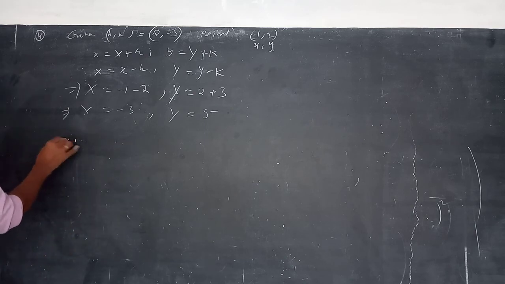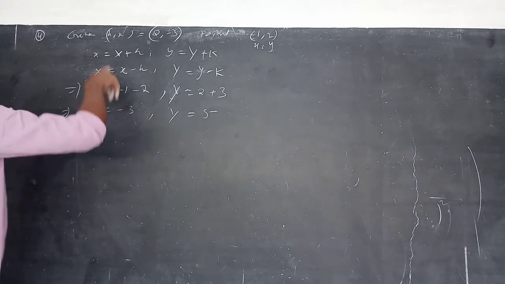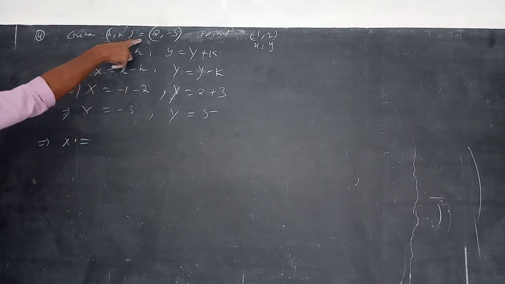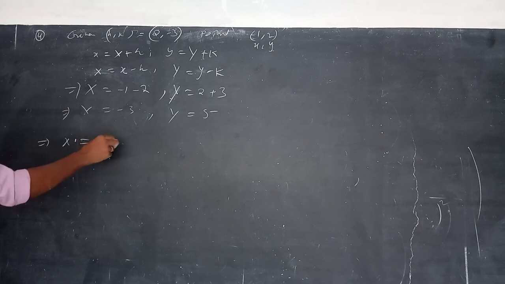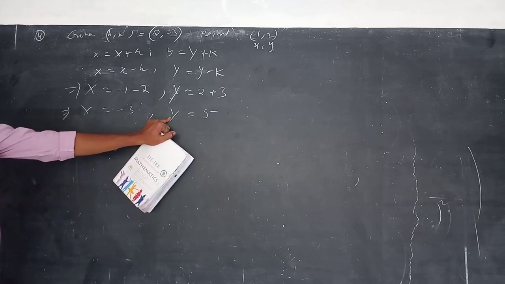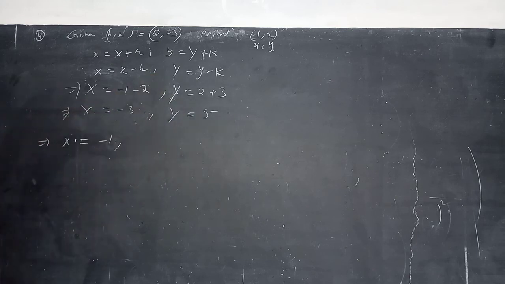Now small x equal to capital X plus h. Substitute the values of capital X and capital Y now. Capital X plus h, capital X is equal to minus 3, h equal to 2, so minus 1, and capital Y is equal to 3 and k equal to 2.